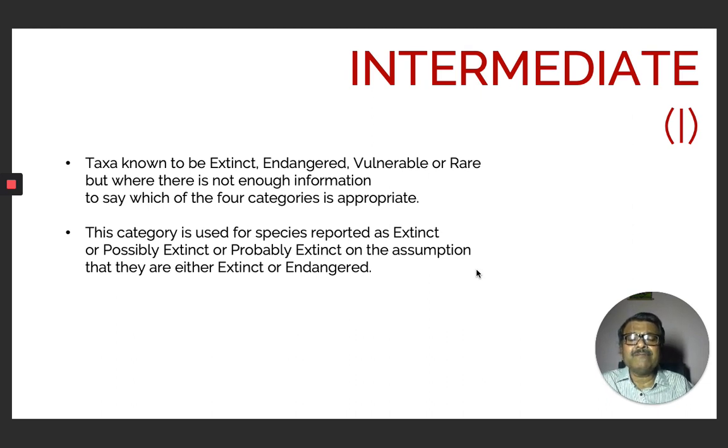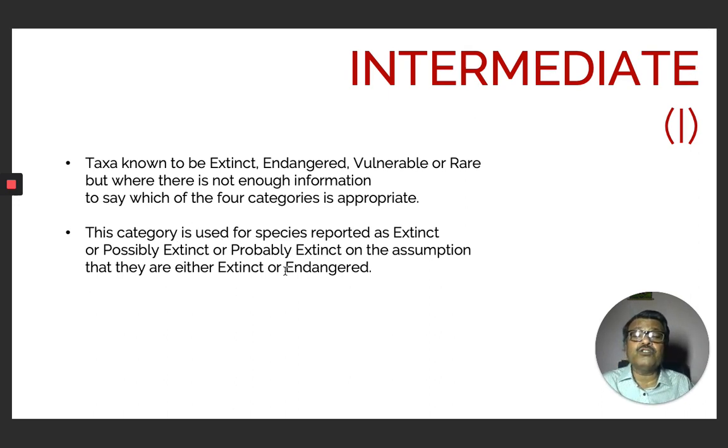So ample data information is not available with us to categorize them into these four categories. In such a stage, such species are categorized as intermediate species, or you can say indeterminate species.